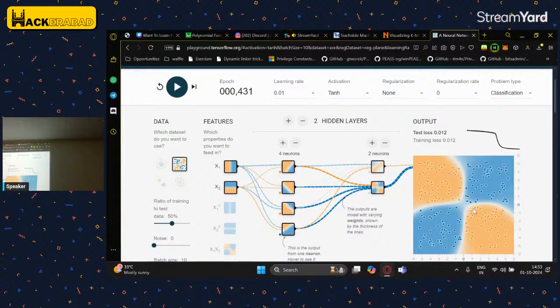Why? Okay. So we have a particular set of data which belongs to orange class, and another particular set of data which belongs to blue class. 2 classes.